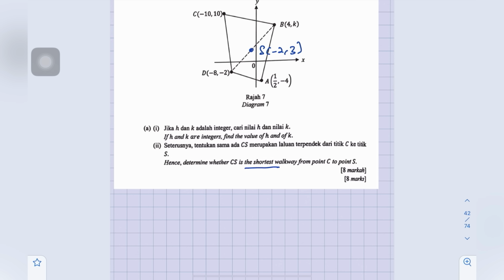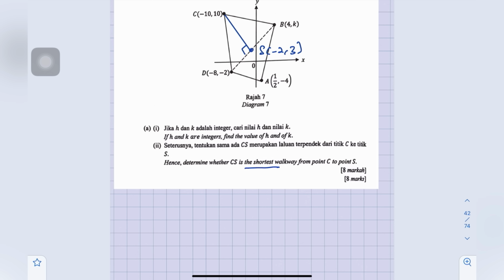Okay, shortest meaning that it is 90 degrees, so perpendicular. We need to determine whether it is perpendicular. To identify this, we use M1 times M2 equals negative 1. The gradient of BD or SD we already have, which equals 5 over 6.